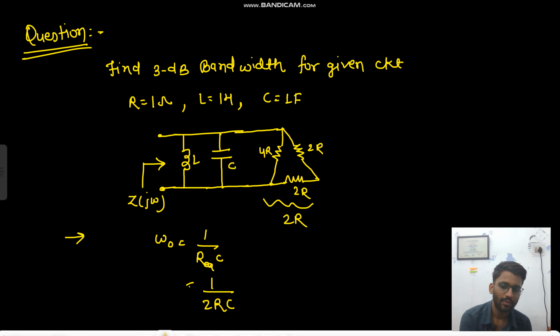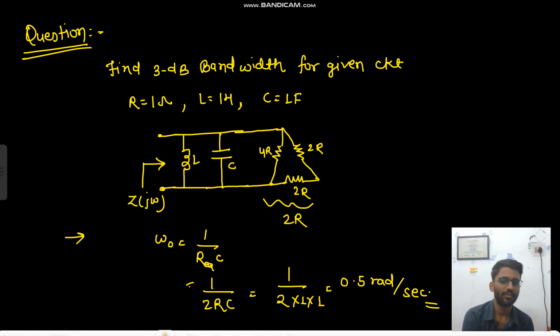So it is equal to 1 by 2RC, which is 0.5 radian per second. This was a simple question, you just need to see the value of resistance here.